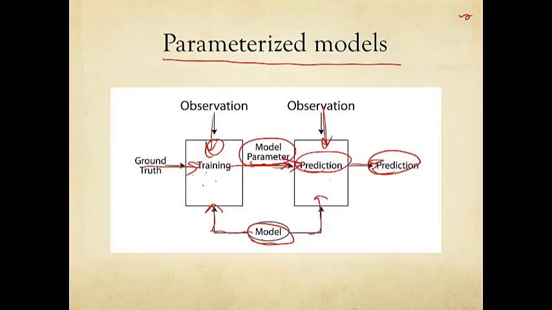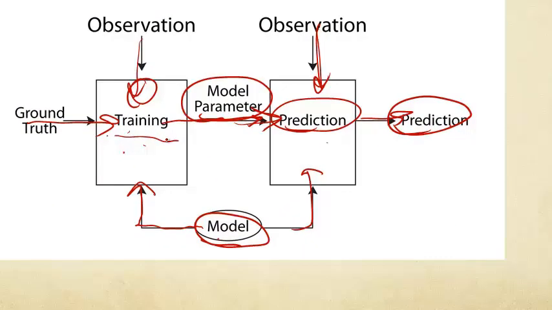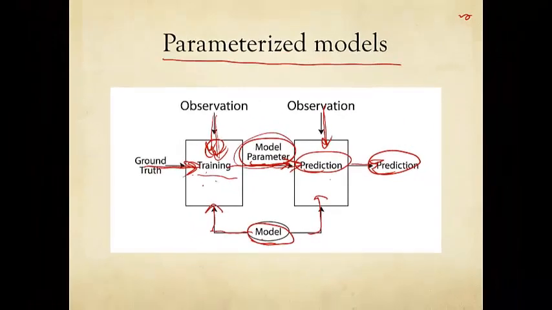In the training phase, we train your parameters, just like a voice recognition system on your computer or phone or car, and you first train them by speaking out certain known sentences. These sentences are the ground truth, and then the computer will take in the observation, which is the recording of your voice, and then train the parameters before going into the actual action of making predictions in the future for you.